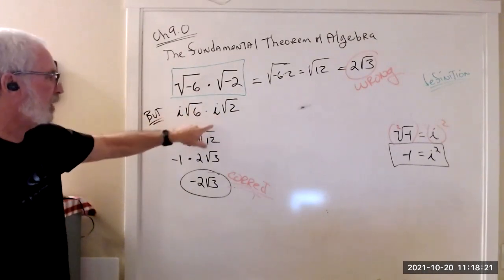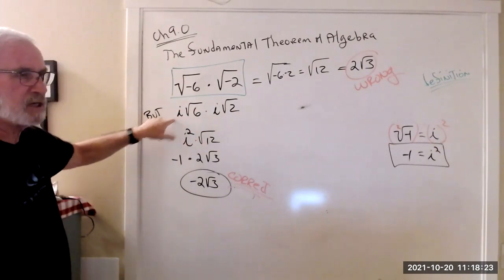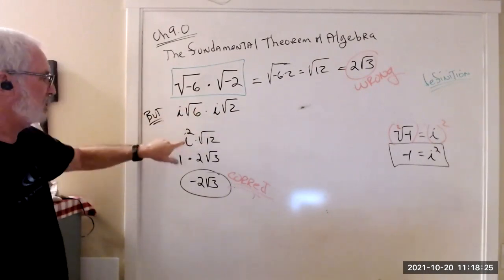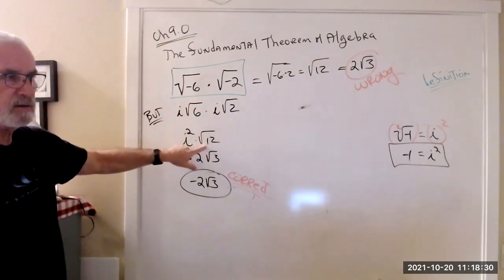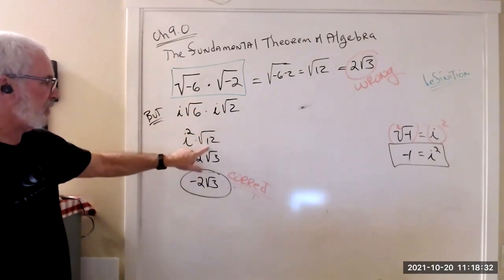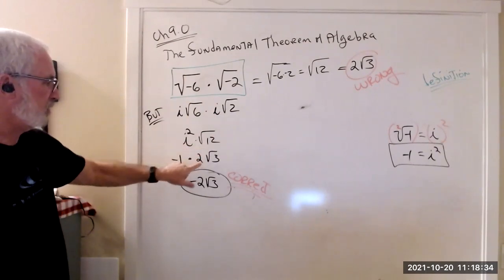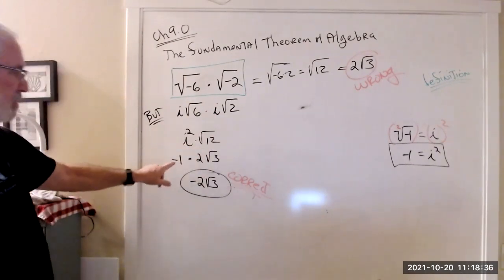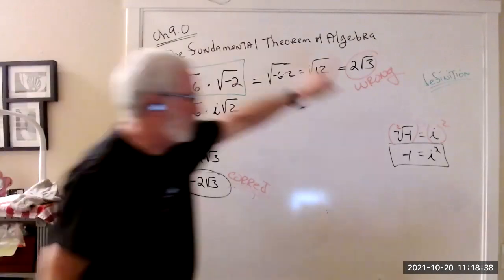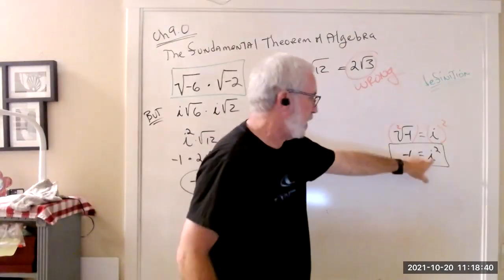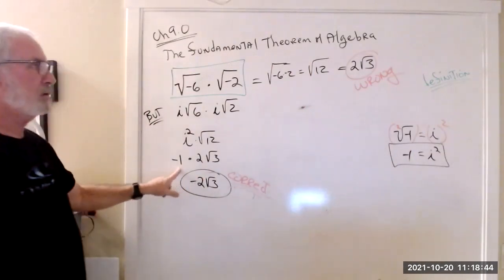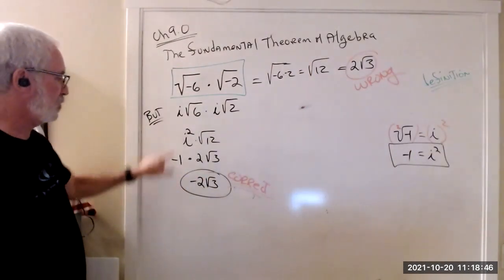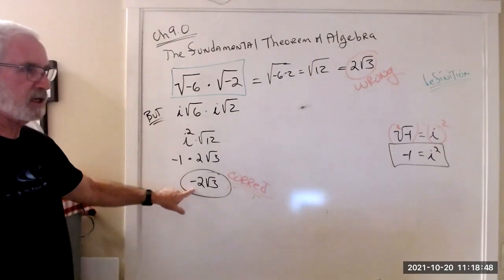So when we multiplied this, we really did have outside, outside: i times i is i squared. 6 times 2 is 12 on the inside. Clean up the inside: the square root of 12 is 2 radical 3 times the -1, because i squared is worth -1 right there. So there's our final answer.